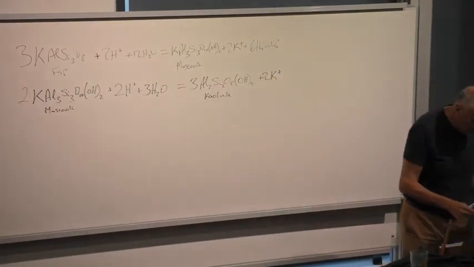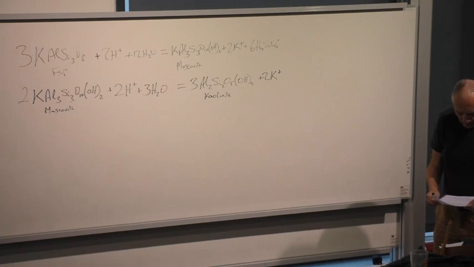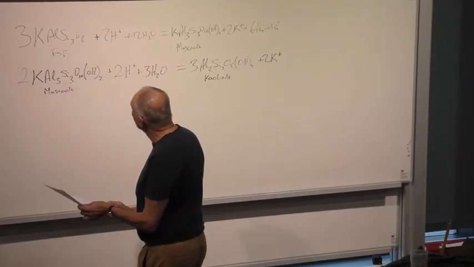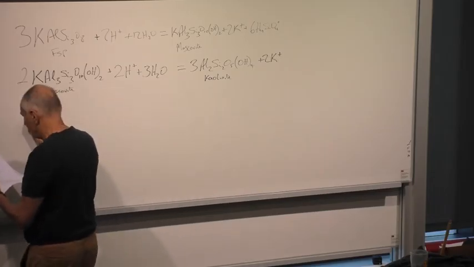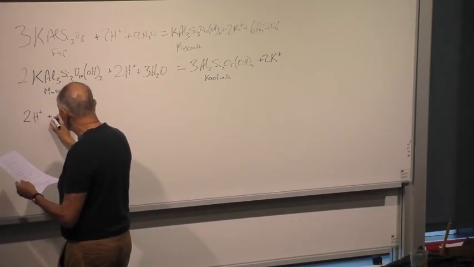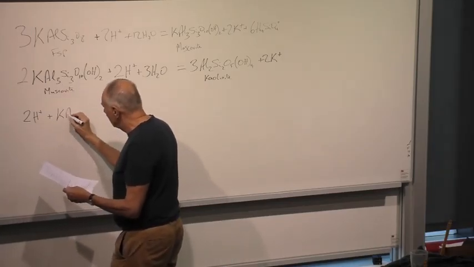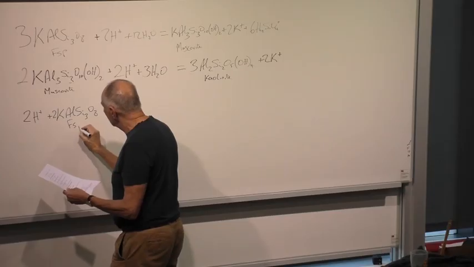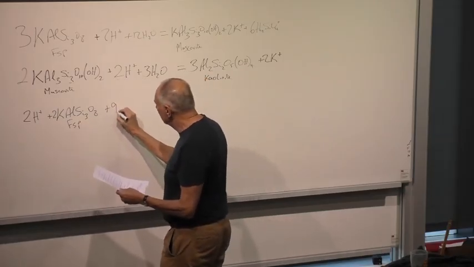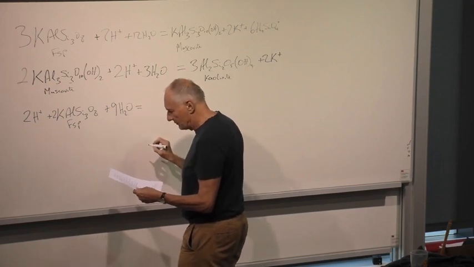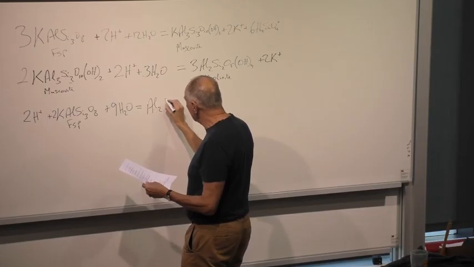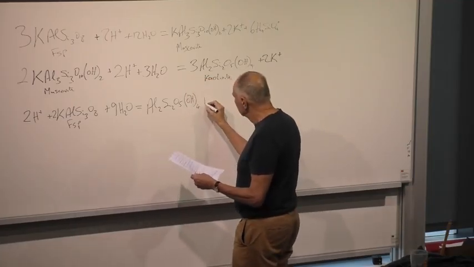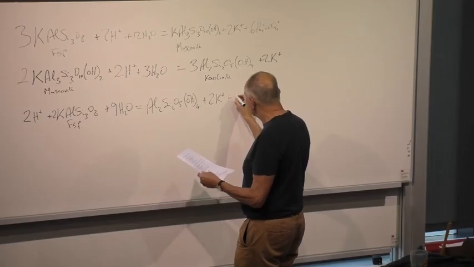All right. Now I gave you the feldspar to kaolinite reaction: 2 H plus plus feldspar plus 9 H2O equals kaolinite, which produces 4 silicas.